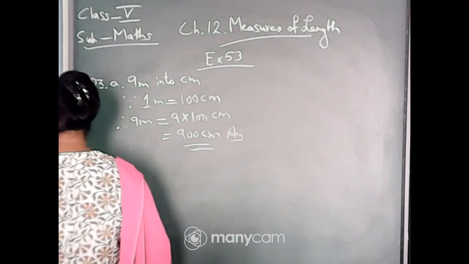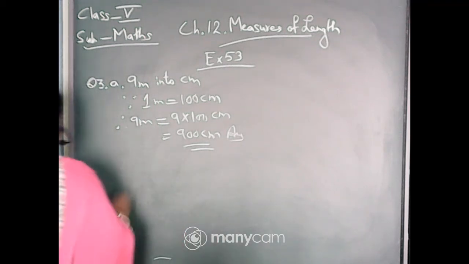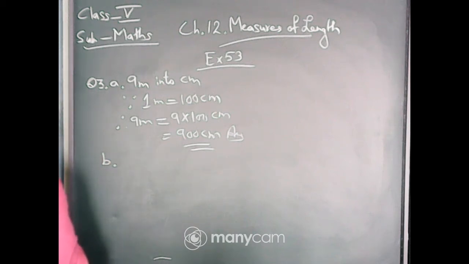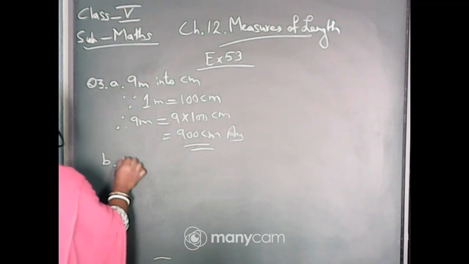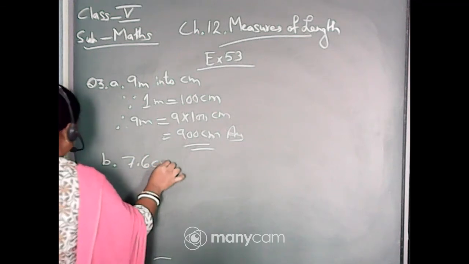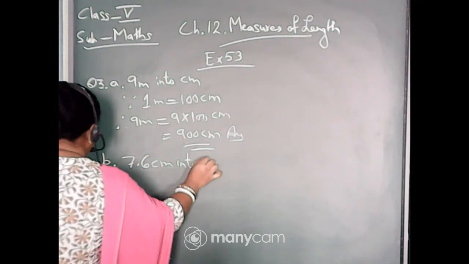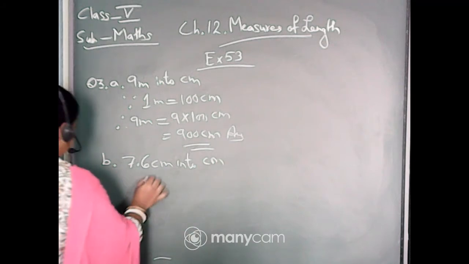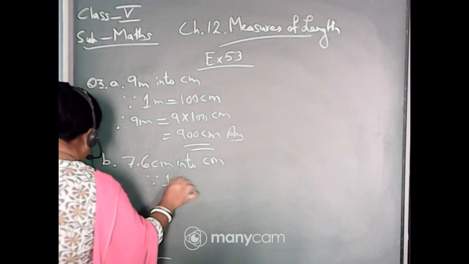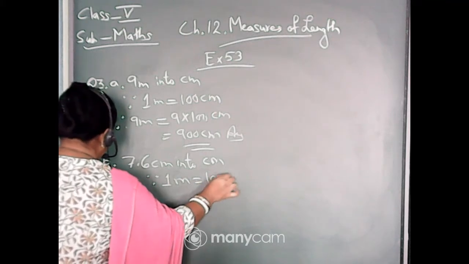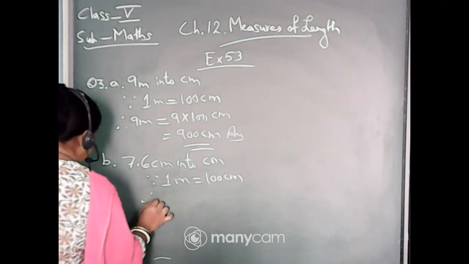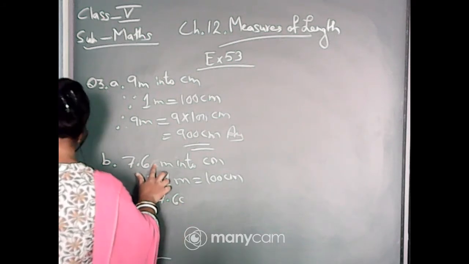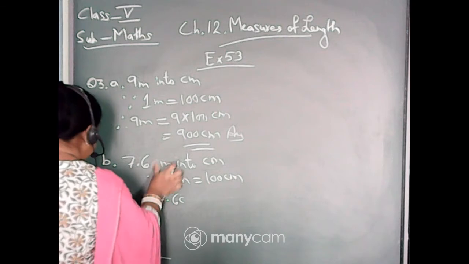Come to number B. Number B is given 7.6 meter into centimeter. The same thing we have to do, isn't it? Since we know that 1 meter is equals to 100 centimeter, therefore 7.6 meter, sorry, I have written centimeter, it is given meter.